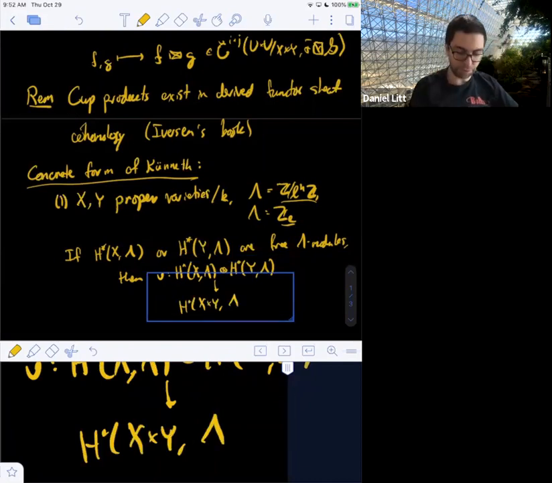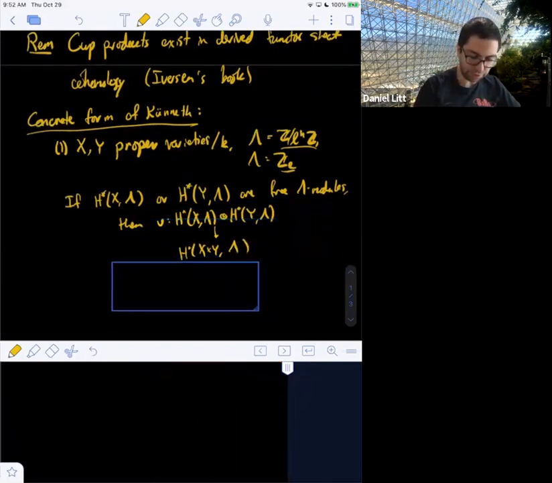Well, the box tensor product of lambda with lambda is just lambda. So it goes to this.